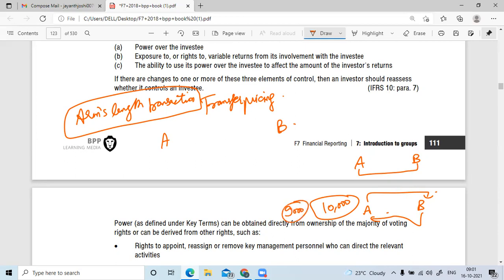Whatever your problem is, it's your problem. But you are my brother, I want to take advantage of that. And he pays 9,000. So this is not an arm's length transaction, because these two are not independent of each other. They know each other. They are related parties. So B can take advantage of A because A is B's brother. But this is not arm's length.